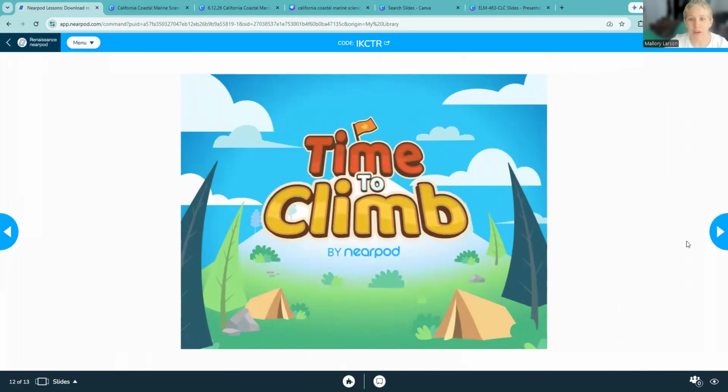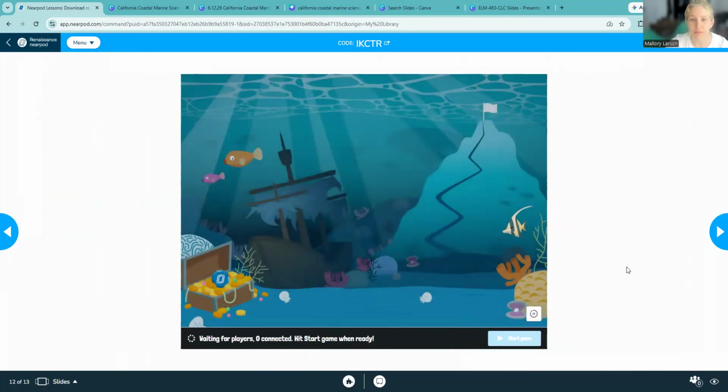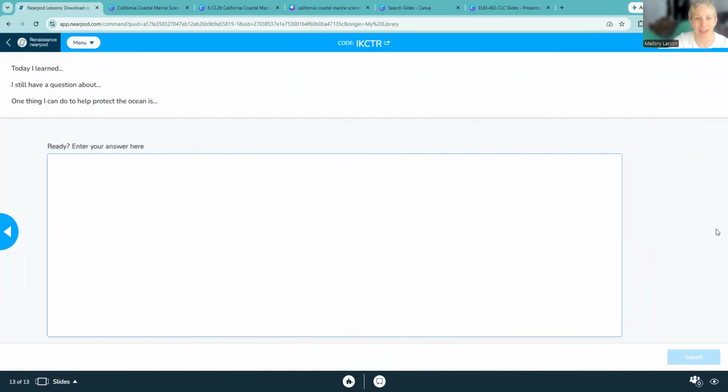We then go to our time to climb, which is going to be answering questions in relation to our topics. It's going to be an interactive game where they answer questions and try to gather as many points as they can to win the game.